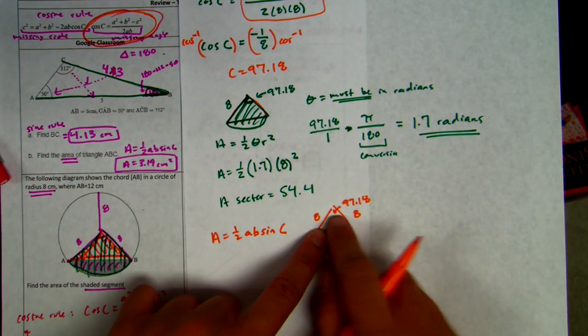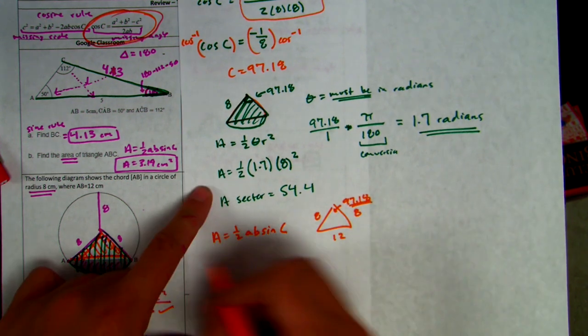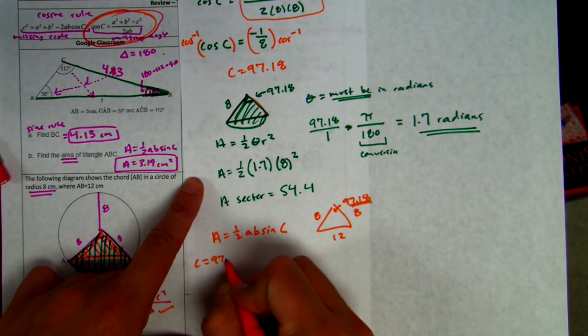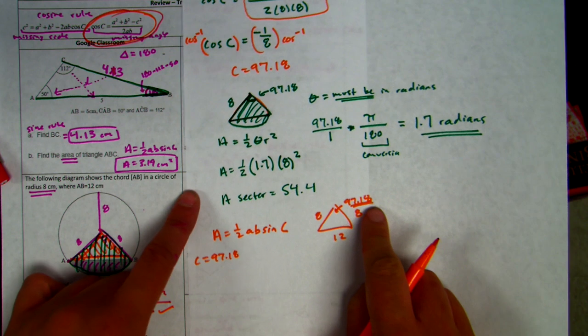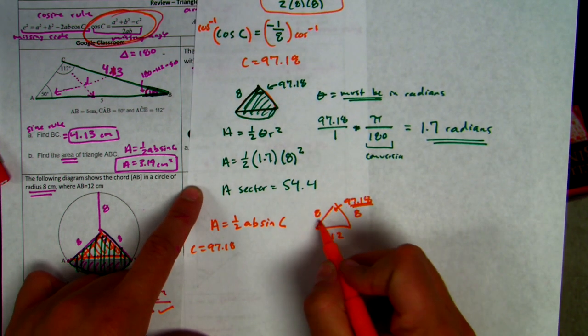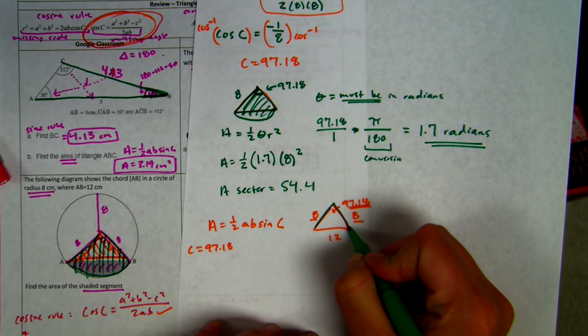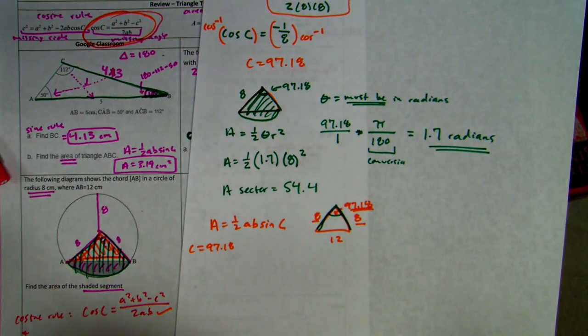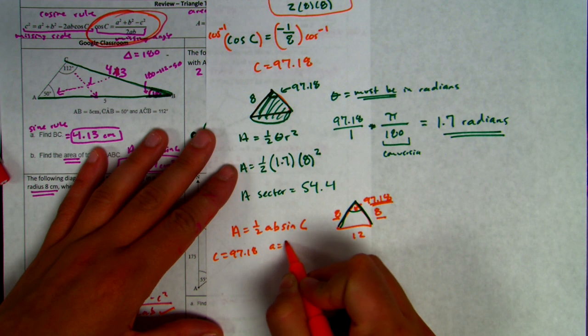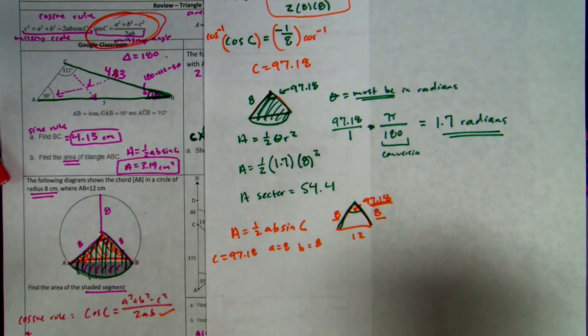C is going to be 97.18 because it is the only angle I know right now. That means A and B have to be the two sides that create this angle, so A is equal to 8 and B is equal to 8.